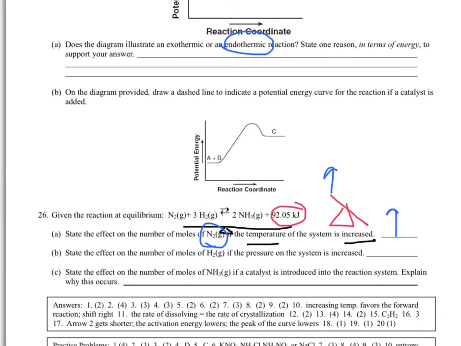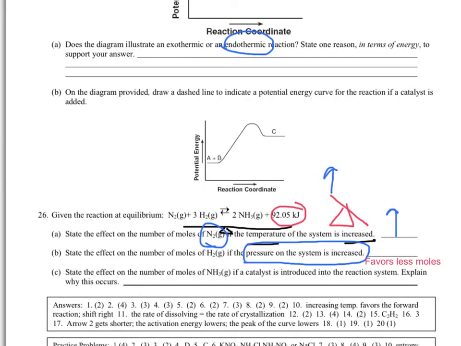The next question asks us to state the effect on the number of moles of hydrogen as the pressure of the system is increased. So recall that when we increase pressure, we're going to shift towards less moles to try and alleviate the pressure. So what we'll need to do is count the number of moles on the reactant and product sides first.